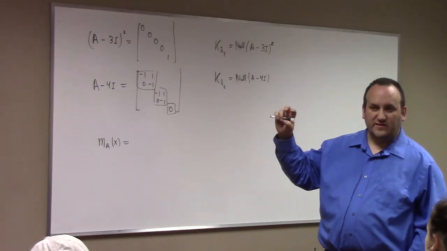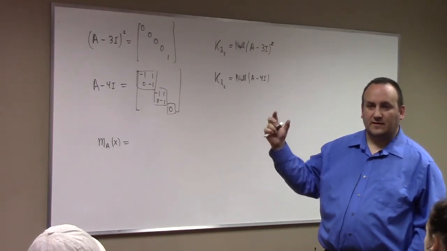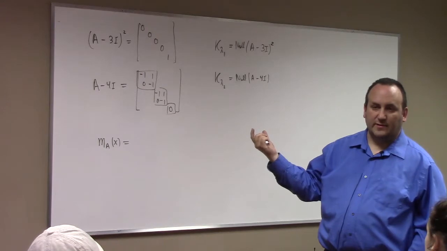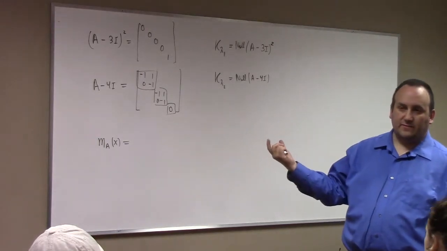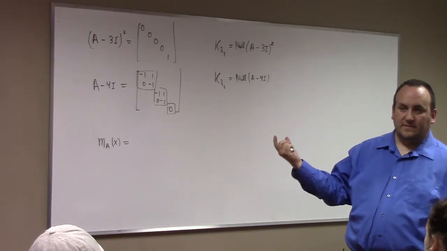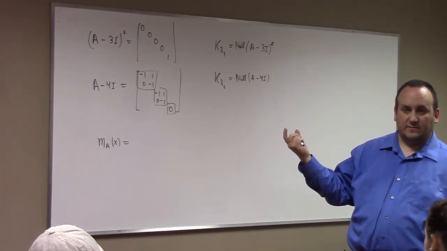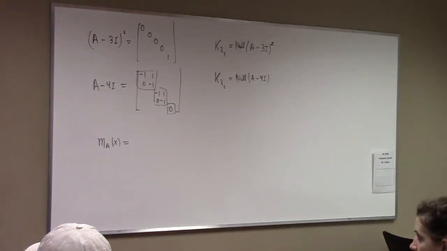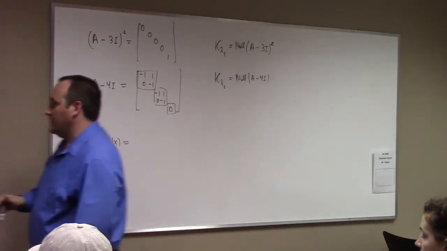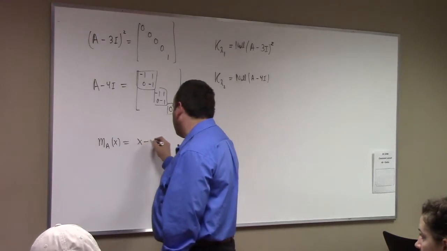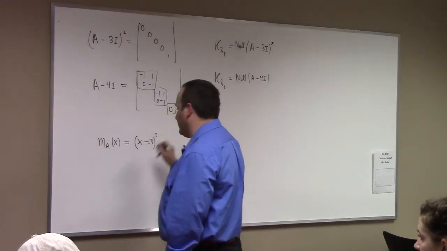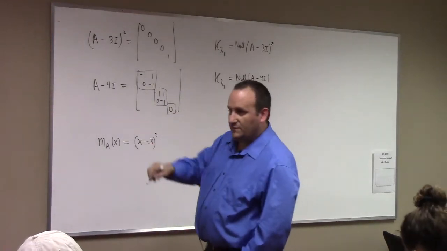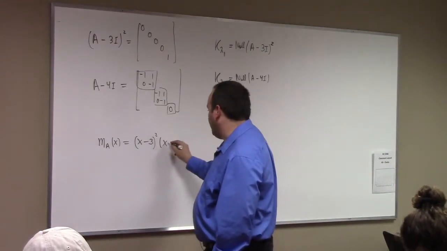You pick the largest block for each eigenvalue, and you write down a corresponding factor in the minimal polynomial. The largest block with eigenvalue 3 is the 2 by 2 block, right? So that makes me write down this x minus 3 squared in the minimal polynomial. And then that 4 puts in x minus 4.